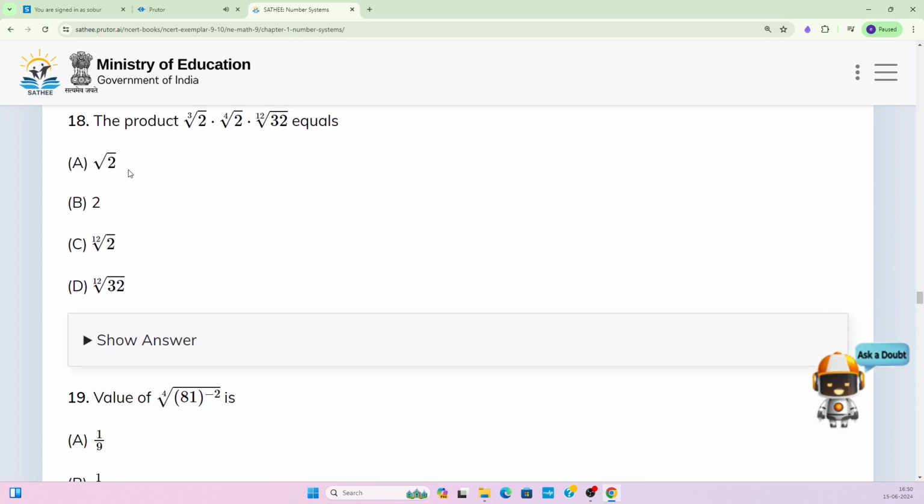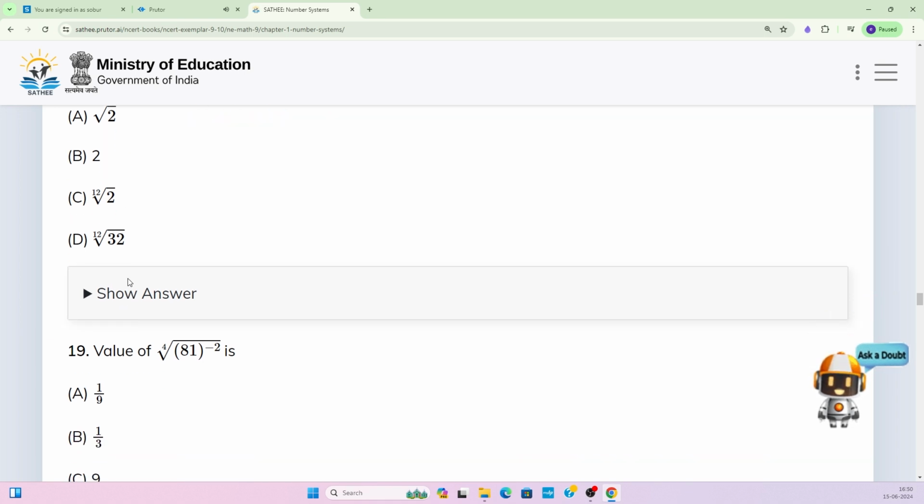So in the next problem, the product of the cube root of 2, the 4th root of 2 and the 12th root of 32 equals what? Okay, so let us find.